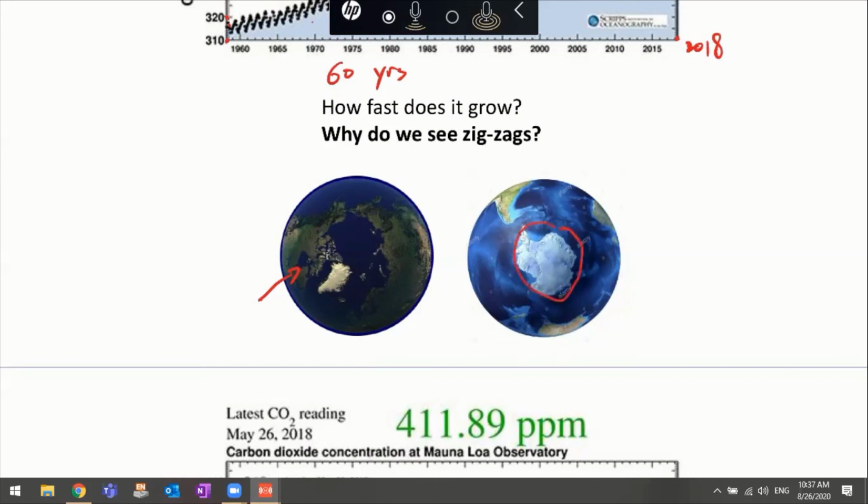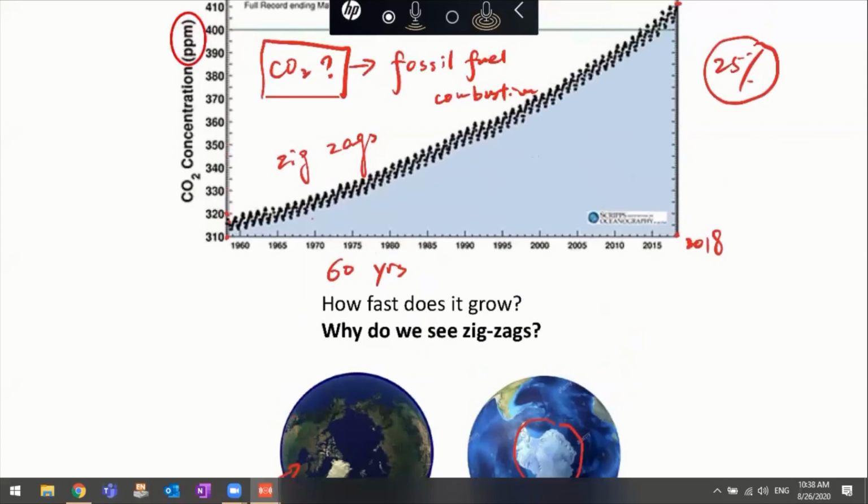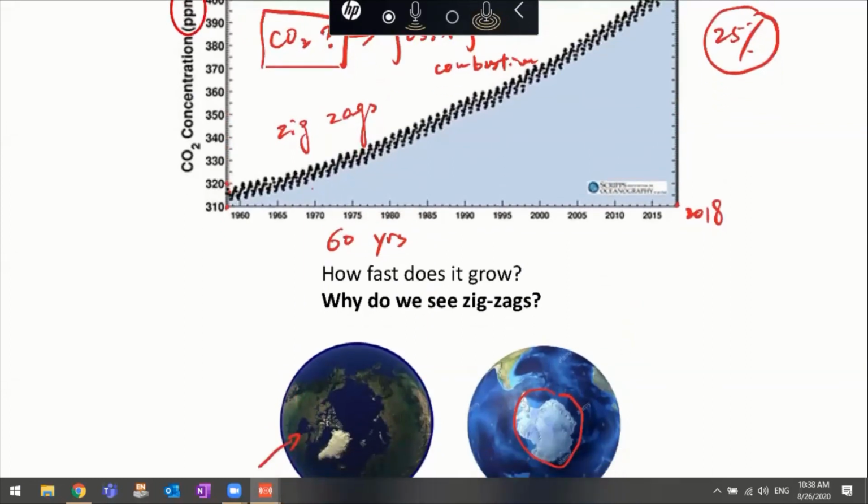There's no green area there. So in terms of the ability to reduce the carbon dioxide, the northern hemisphere is stronger. We're going to see more photosynthesis happening there, right? That's why we can see these minor features of the carbon dioxide trend on our Earth.